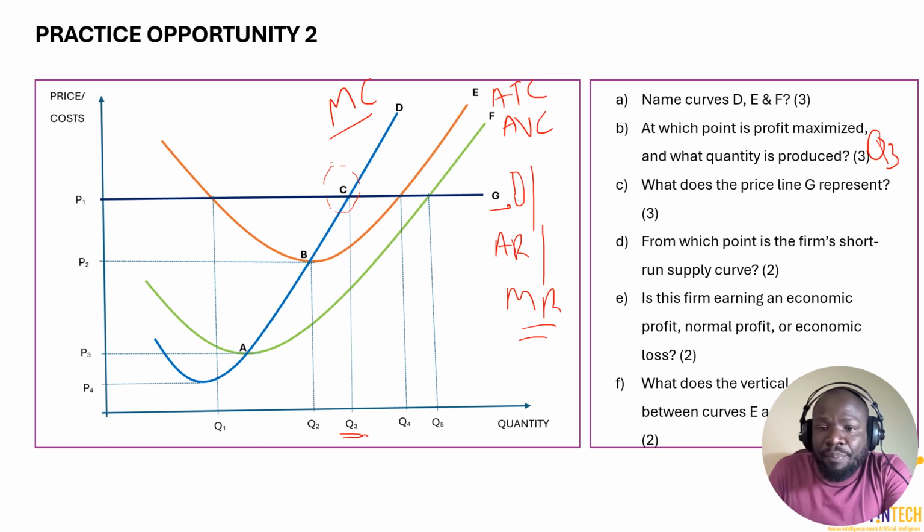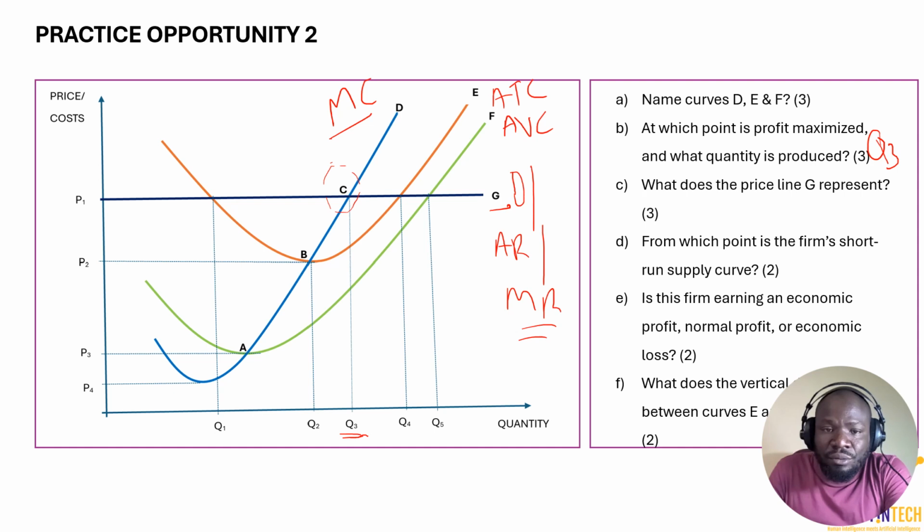All right. And then part D, from which point is the firm's short-run supply curve? Remember the shutdown rule. The firm should shut down if it's not able to meet its variable cost. So any point below the average variable cost is the shutdown.